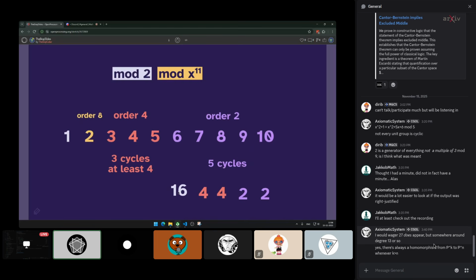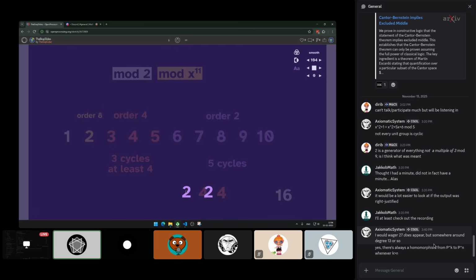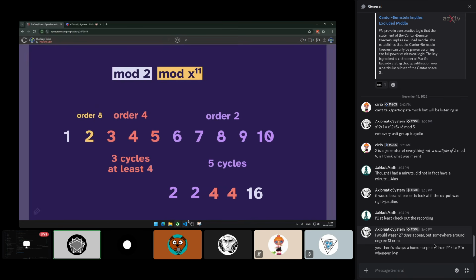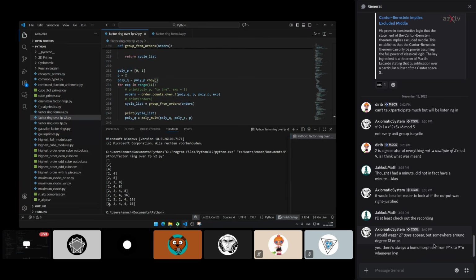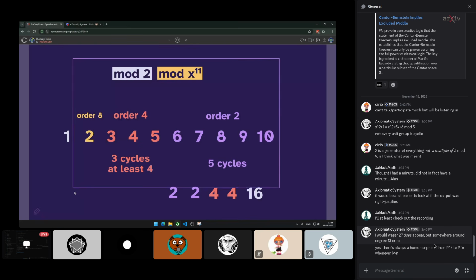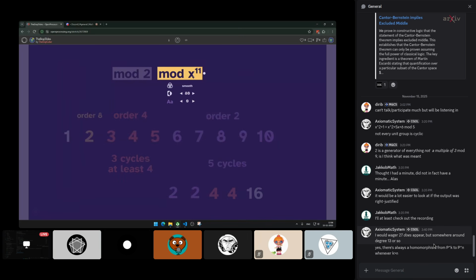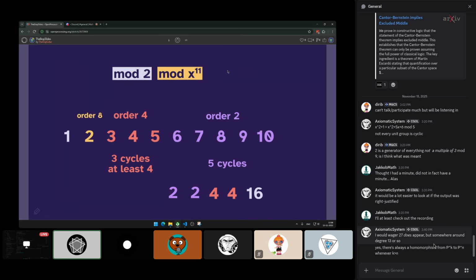So this should be, the way in the code is the other way around. So 2, 4, 4, 16. If we run this, we'll want n equals 11 since this starts at 0. 2, 2, 4, 4, 16. Nice. So this works in general for this power of x case mod 2.